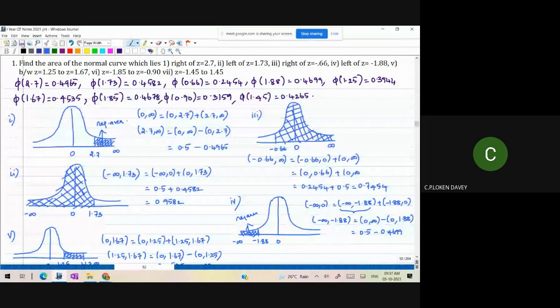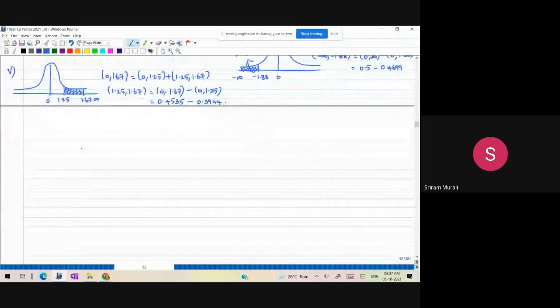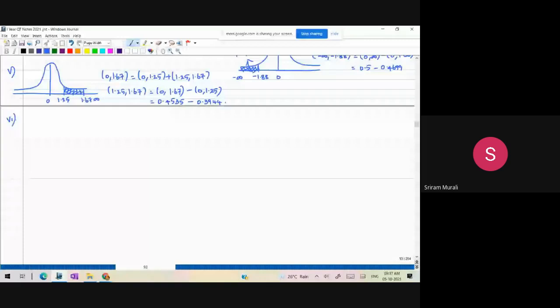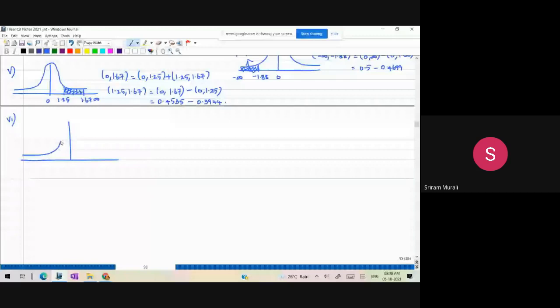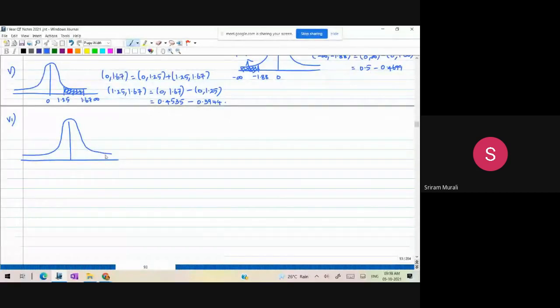Yes, sir. Subdivision 6. You have to find between minus 1.85 to minus 0.90. This is the area. Minus 1.85 to minus 0.9 is the required area.